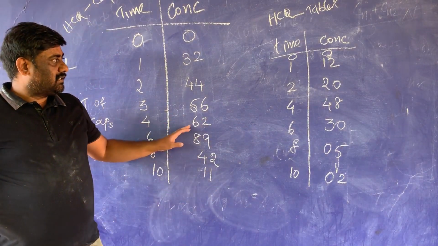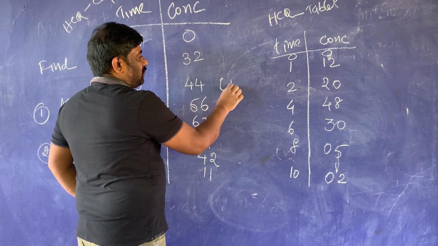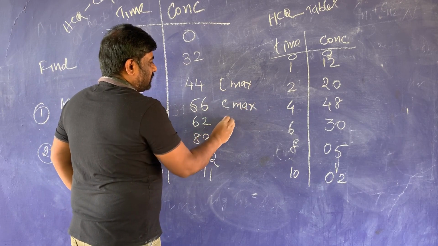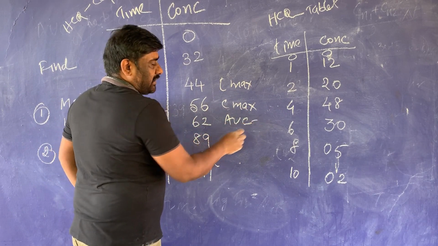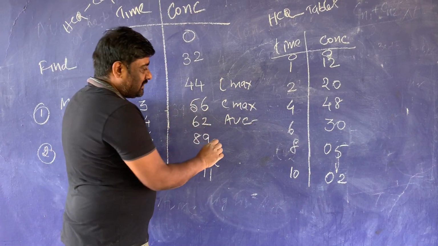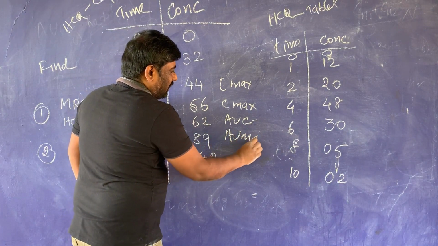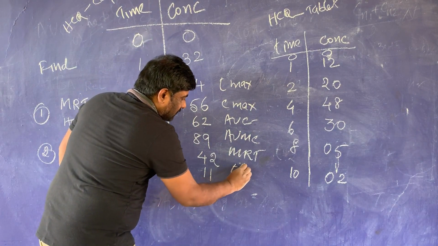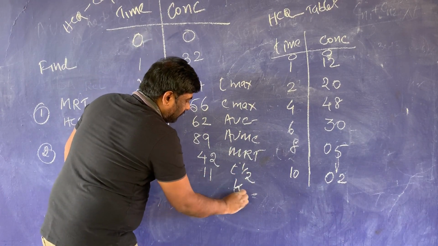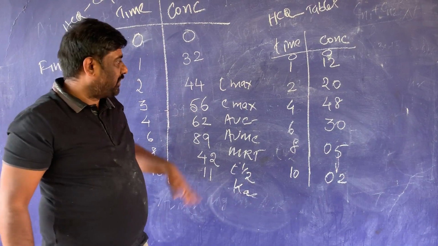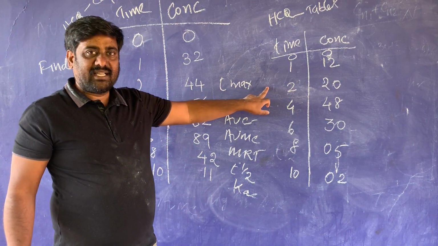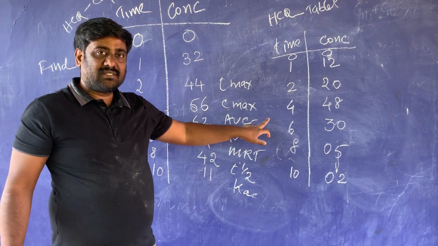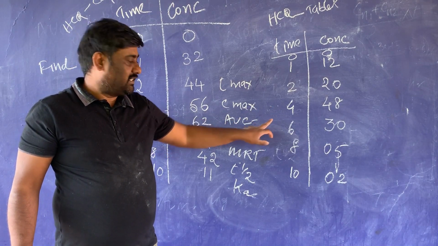So I need the full set of values of Tmax, Cmax, AUC by the trapezoidal linear method, AUMC, MRT, T half and Ka with units. Time is in hour, second or minute. Cmax unit is mg and AUC is microgram hour per liter.